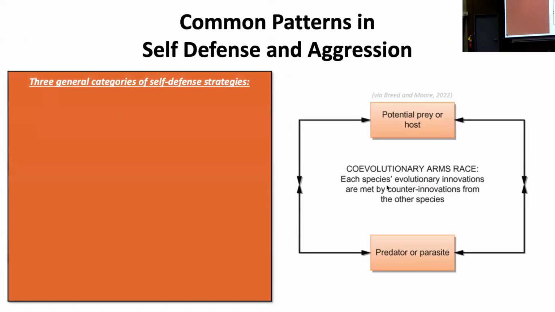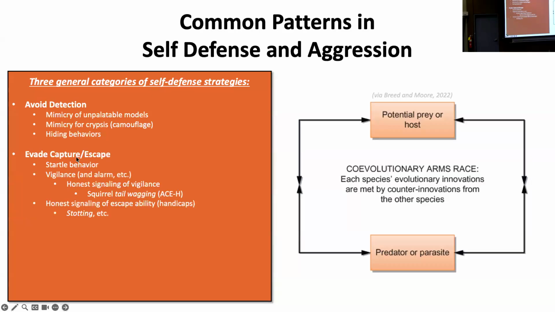All right, so wrapping up here, what have we talked about? We said that one core way to defend yourself is to just avoid detection, so you don't have to defend yourself. There's crypsis, camouflage, mimicry, and hiding behaviors. Those are all ways that you can do that. If it's impossible to completely avoid detection, you need a way to escape or evade capture.